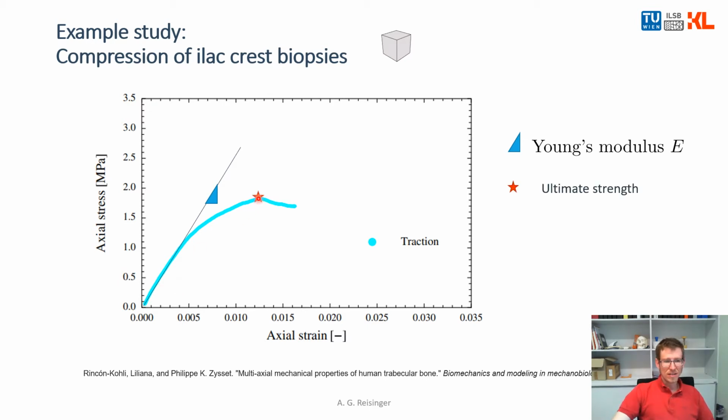Then, this is easy. That's the maximum stress measured. That's the ultimate strength. That's the point where the sample is degraded and getting mushy. Okay, and these are the 2 material properties that can be extracted out of this experiment: Young's modulus and ultimate strength for that particular direction, for that particular sample.